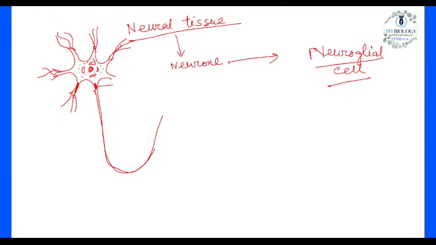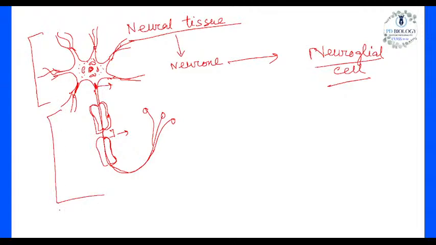Here the neurofibrils are there in the axon hillock. Myelin sheath is there. In between the myelin sheath, the Schwann cell nucleus is present. At the end, the synaptic knob is there. The gap in the myelin sheath is the node of Ranvier. This is the cell body, and this part is the axon.